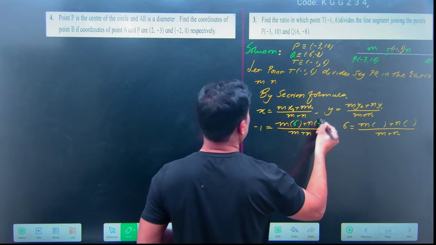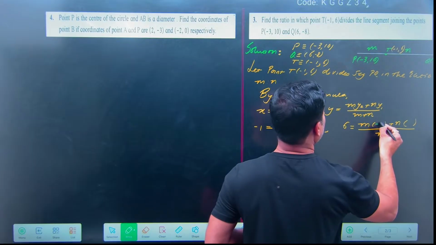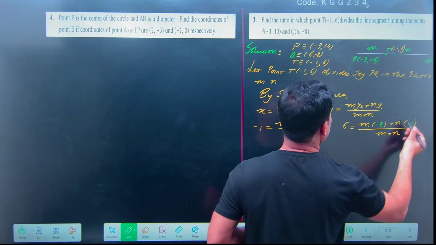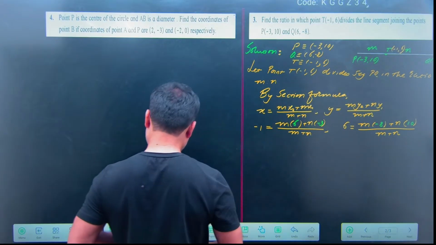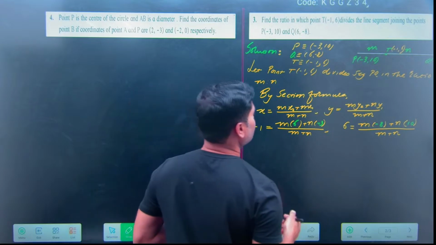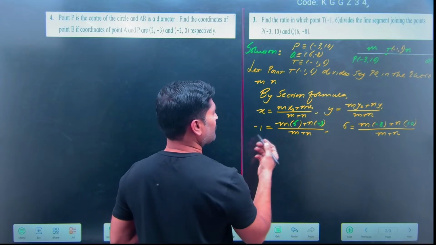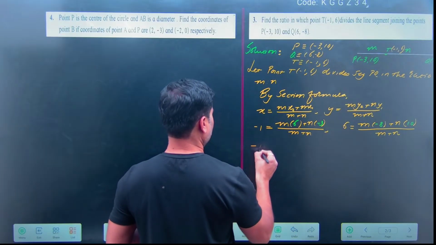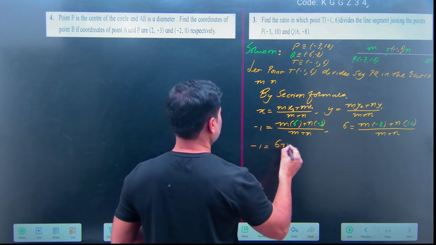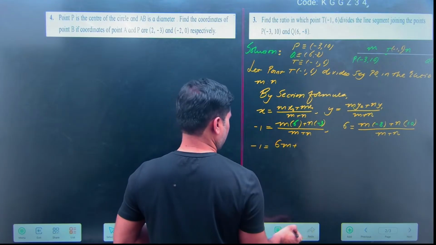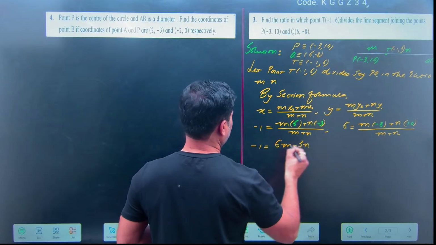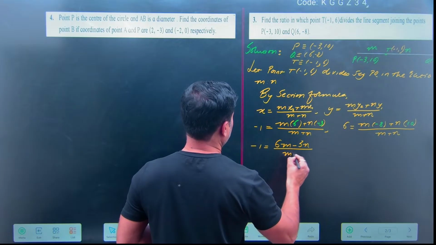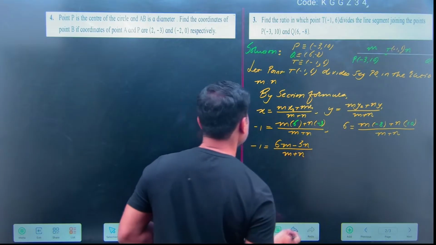It is -3, it is -8 as usual, and it is 10. So we will simplify one of the equations for finding the value of m. So -1 is equal to (6m minus 3n) upon (m plus n).